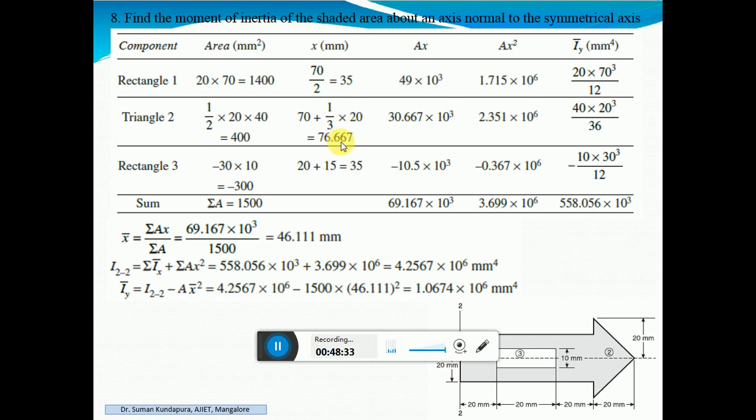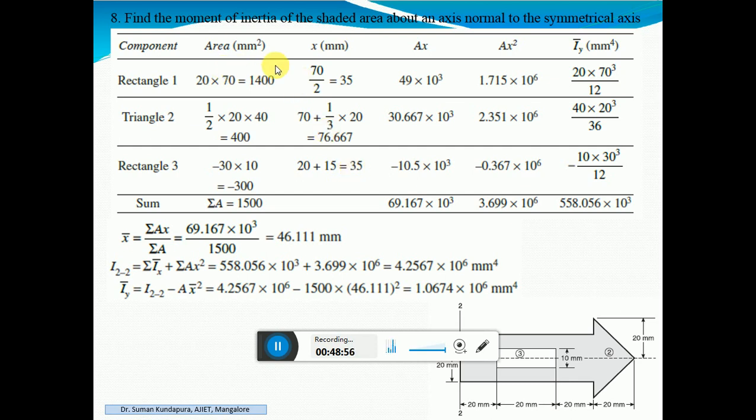So 76.667. And the cutoff rectangle is 30, so its center point is somewhere here. This distance is 20, plus 30 by 2, that is 15, which is equal to 35.